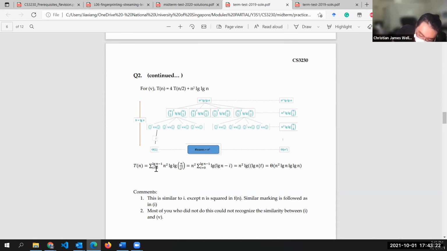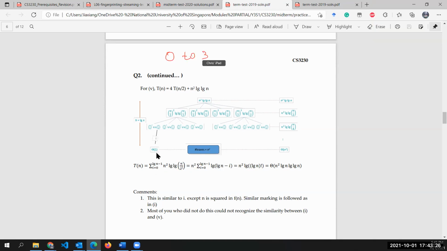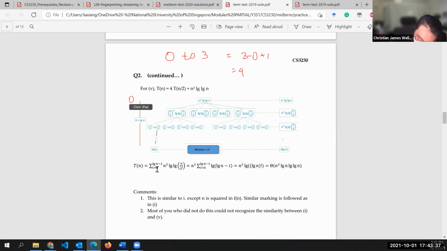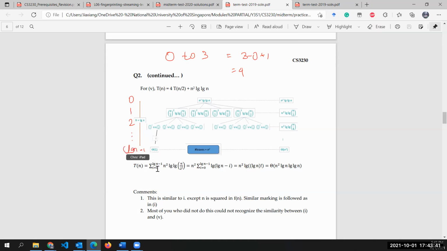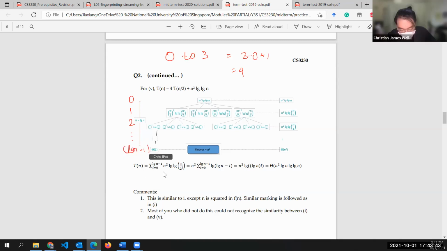So how many numbers are there from 0 to 3? 4. So this is level 0, level 1, level 2, all the way to log n minus 1. So it's actually included in the sum. I think it's included. Okay.